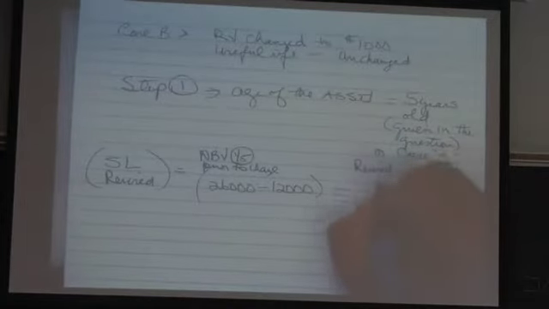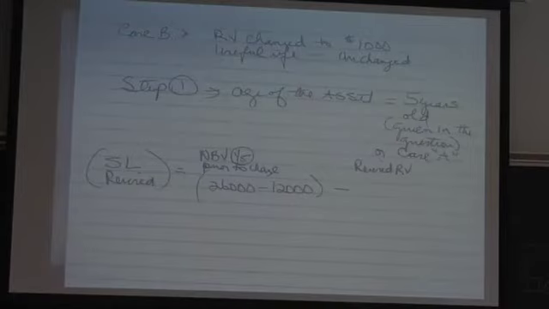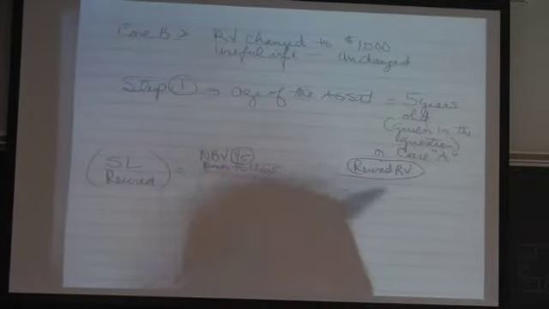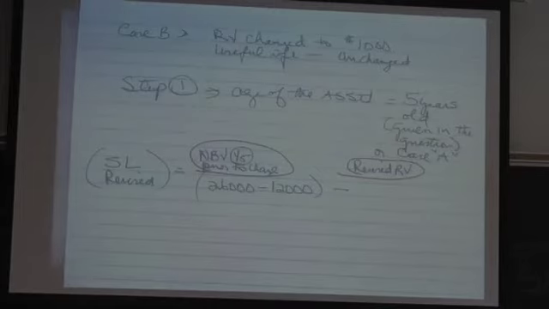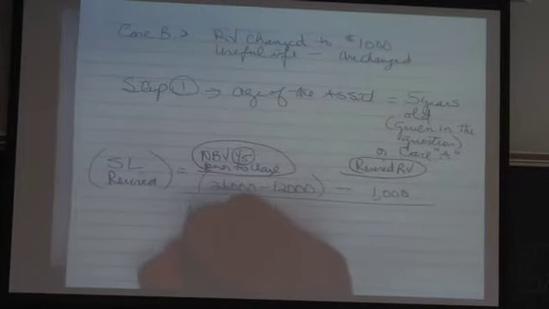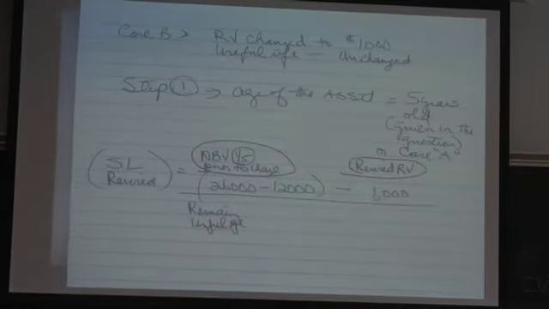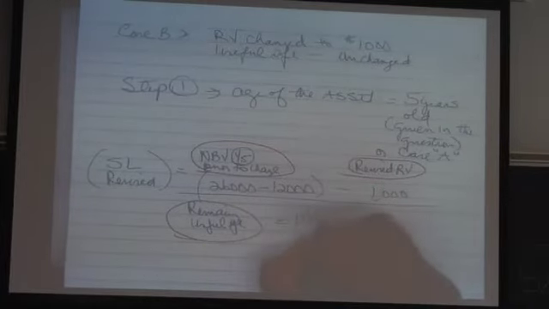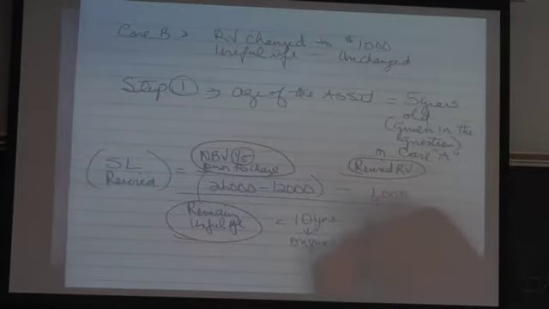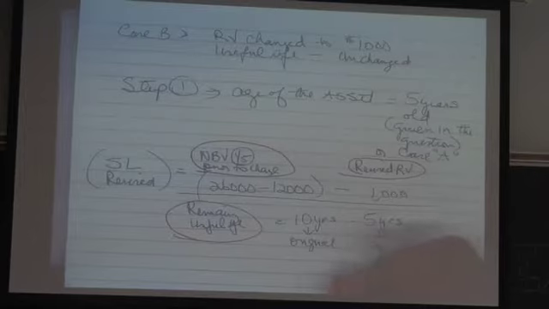Subtract the revised residual value, which is now 1,000, divided by the remaining useful life. In this case, that did not change. So we know that the asset's original useful life was 10 years minus the age of the asset, which is 5 years. So that gives me 5 years.